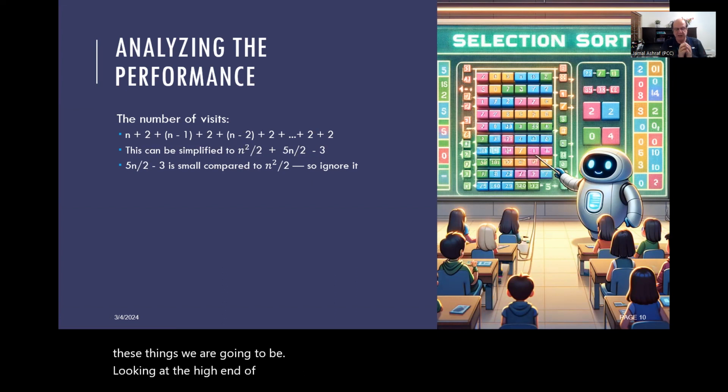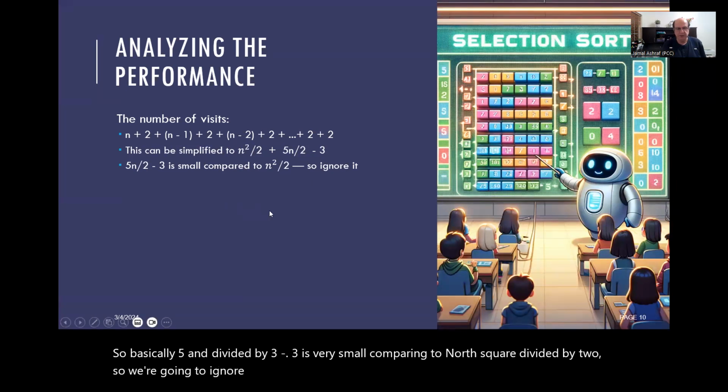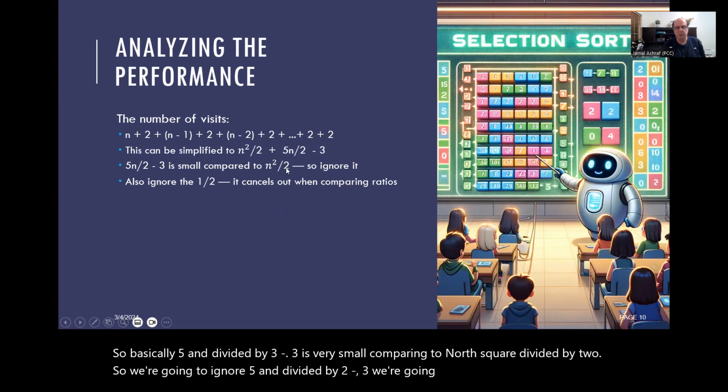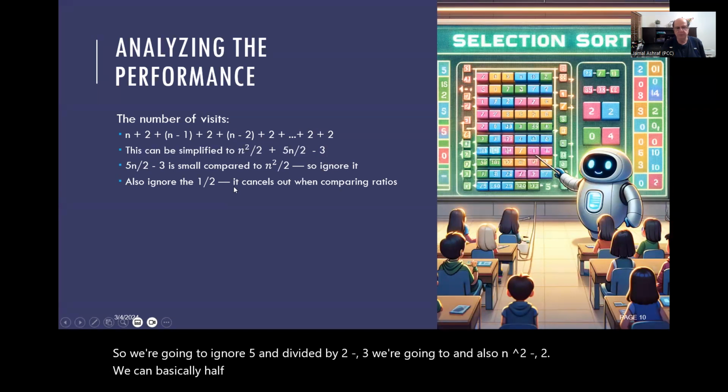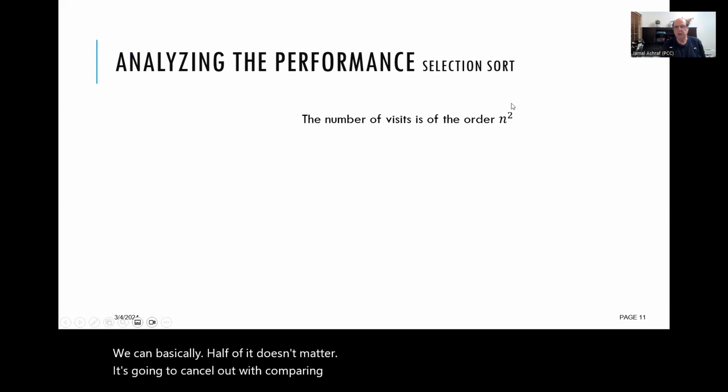So basically 5n divided by 2 minus 3 is very small comparing to n squared divided by 2. So we're going to ignore 5n divided by 2 minus 3. And also for n squared divided by 2, the half doesn't matter. It's going to cancel out when comparing the ratio. So we're going to end up with n squared.